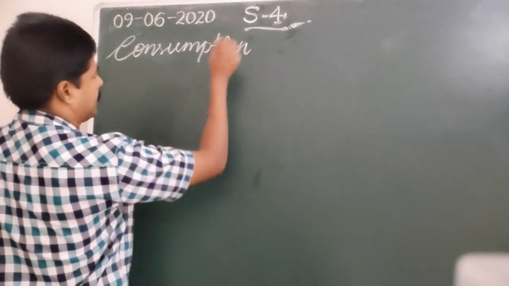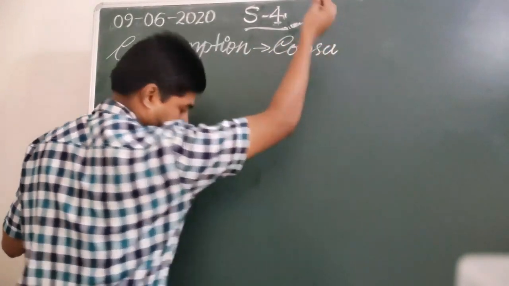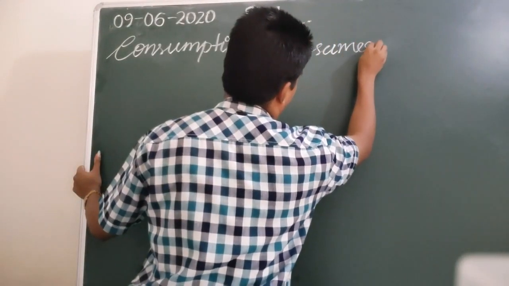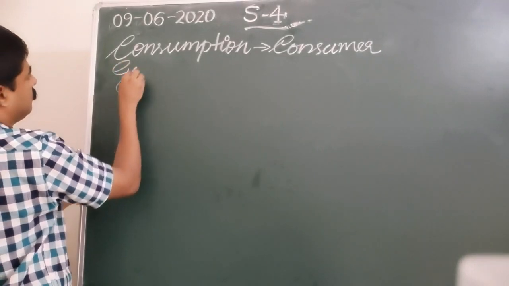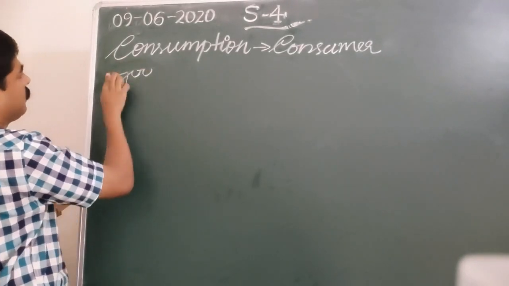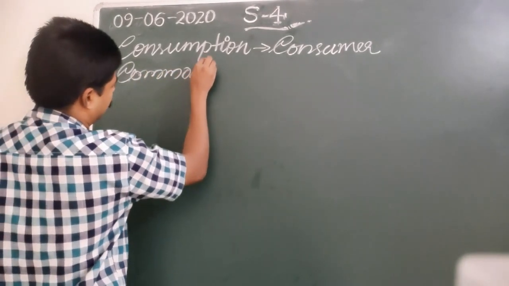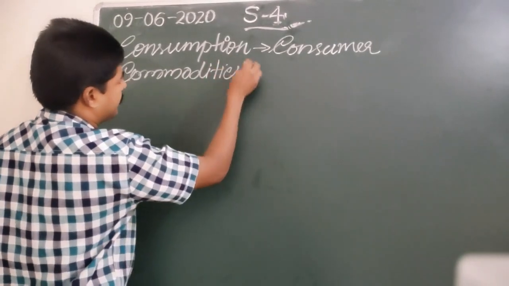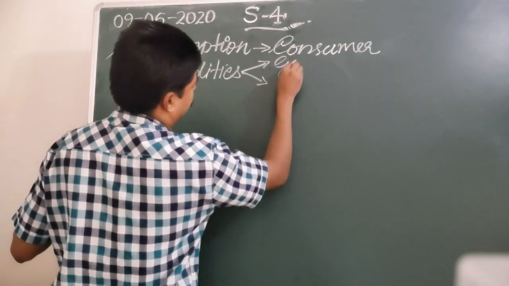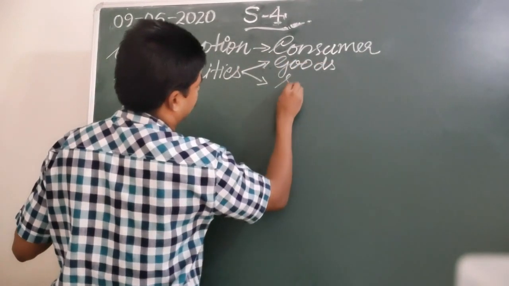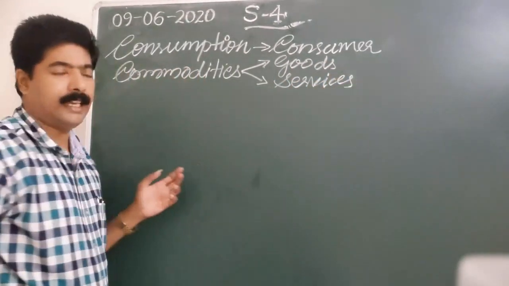So consumption, then consumer, then commodities. Commodities can be of two types: goods and services.